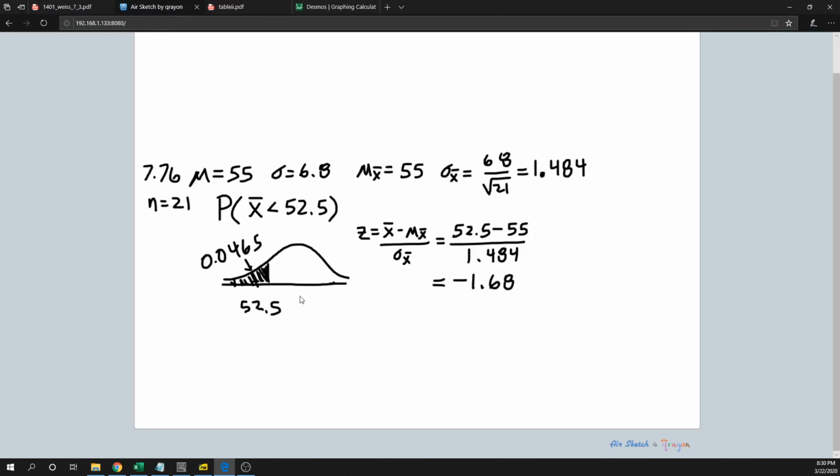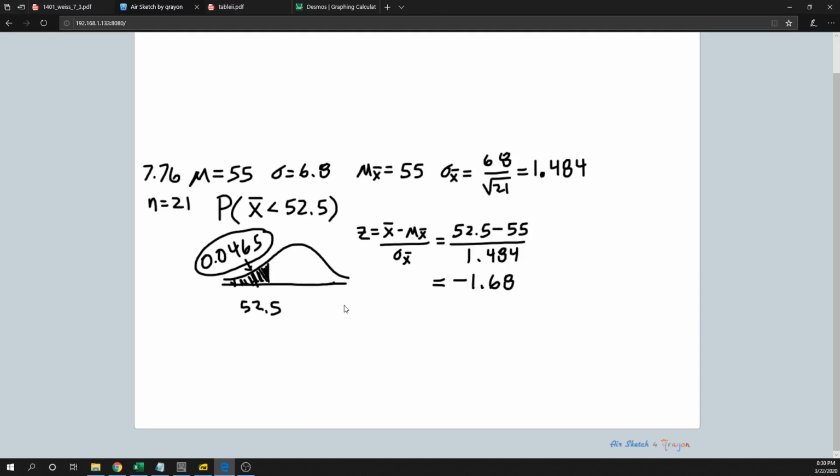And here, because we want the area to the left of 52.5, we don't have to do any calculations at all, because that's exactly how table 2 kicks out its answer. So the answer here is 0.0465.